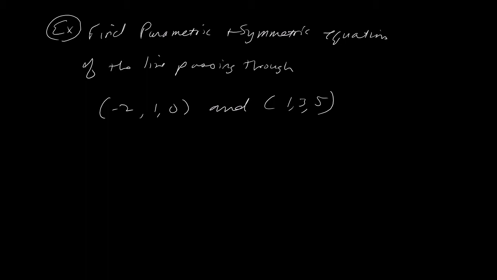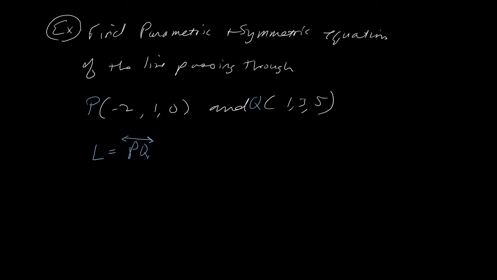If we're going to do this, we need a direction vector. So let's call this my point P and call this my point Q. So L is the line going through PQ.